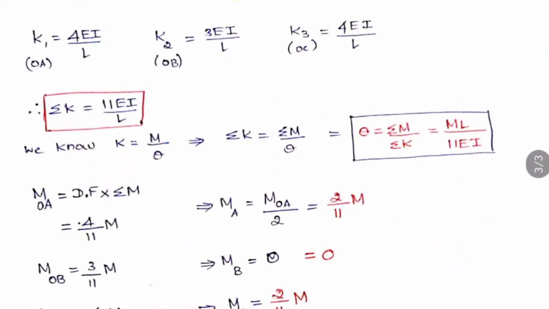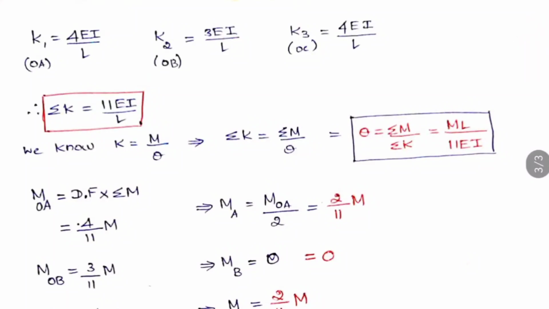If we see the structure, OA and OC are fixed supports and OB is a hinged support. We have studied already that when the farther end is fixed, K is 4 EI by L, and when the farther end is hinged, it is 3 EI by L. The same thing is applied here.